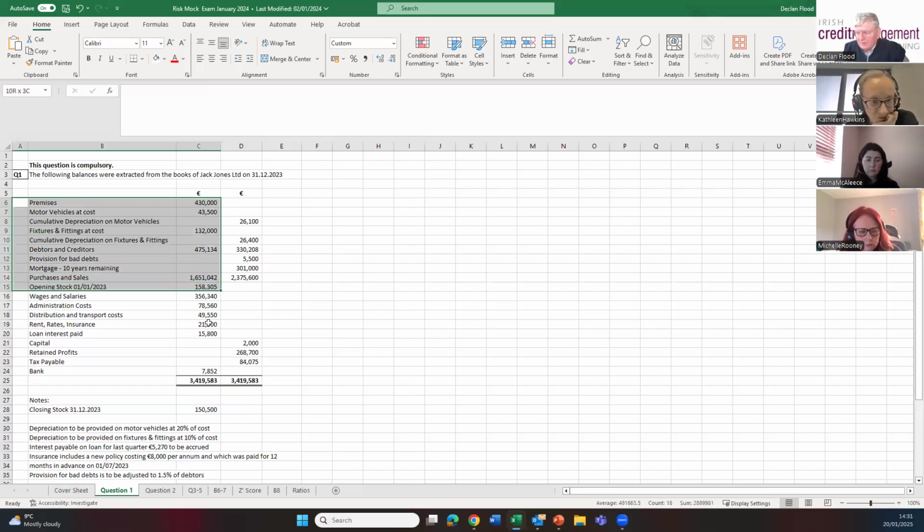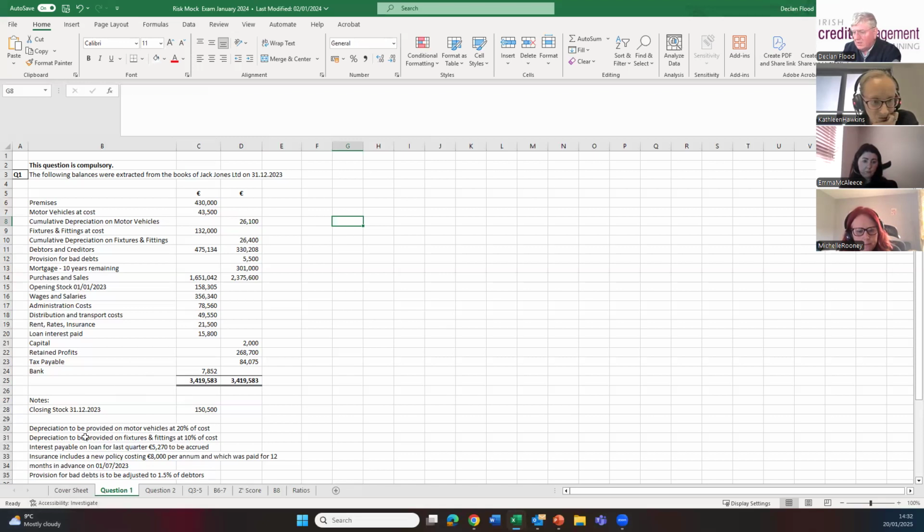So there are all the numbers that you've extracted. That is fine. So here we have cumulative depreciation on motor vehicles. That is up to the end of last year. Another year now has elapsed. So additional depreciation has to be added because another year has gone by and the asset is worth less than it was at the start of the year.